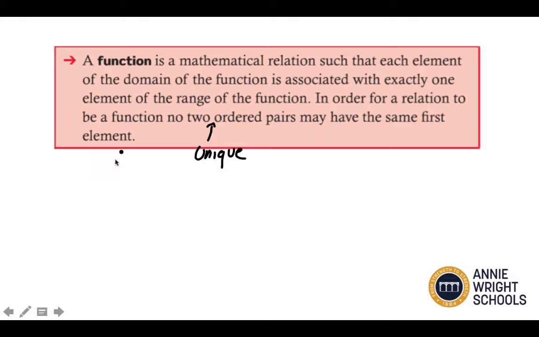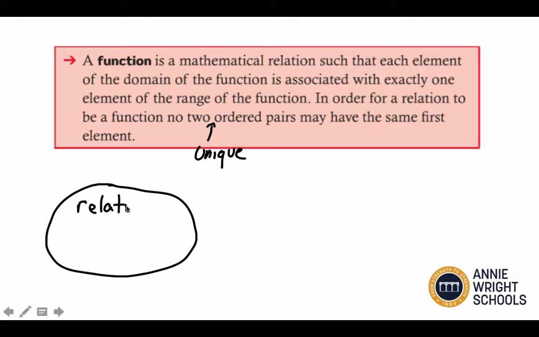So when we look at relations, here's all the relations in the world. Functions are a subset of these. These are functions. And with functions, the special property is that for every x in the function, it only goes to one y. You can't have an x mapped to multiple different y values.